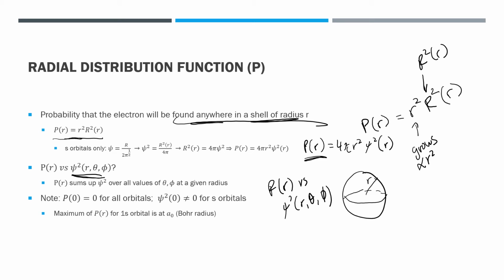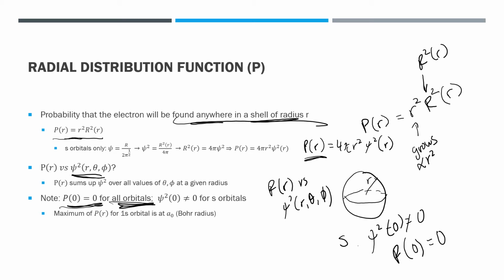So that's an important distinction, and hopefully that cleared it up a little. Another thing to note is that P of 0 equals 0 for all orbitals, even s orbitals. Remember, for s orbitals psi squared of 0 does not equal 0, but P of 0 for an s orbital equals 0. Why does that make sense? Even if psi squared is non-zero at a radius of 0 at the nucleus, the surface area of possible locations with r equals 0 is 0.